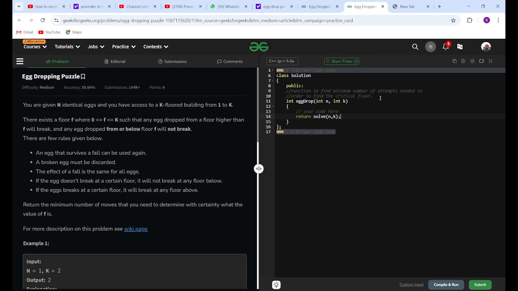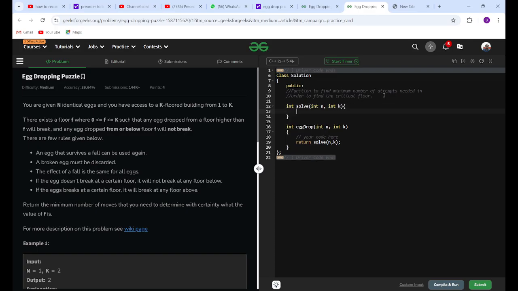Then we make the solve function, int n, int k. If you have only one egg, if n is equal to 1, then you need to check every floor from the ground floor to the top floor. So you need to traverse k times, so return k.